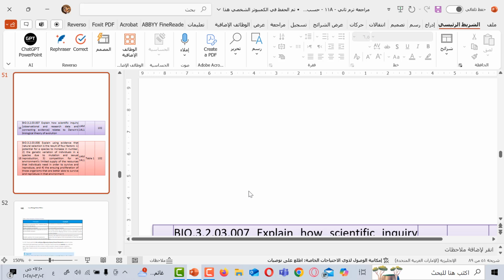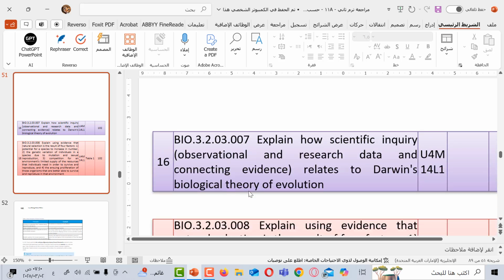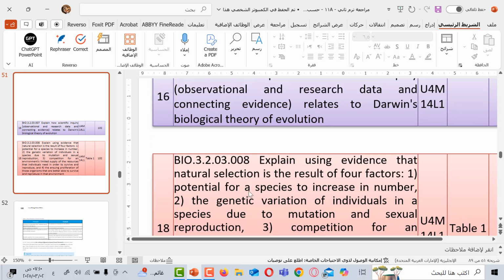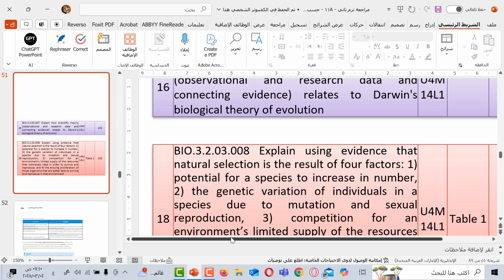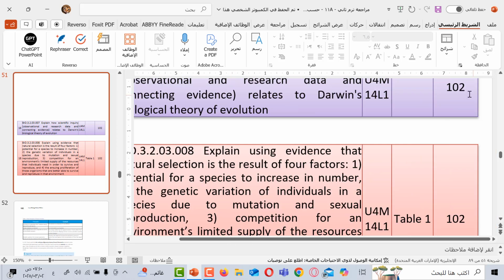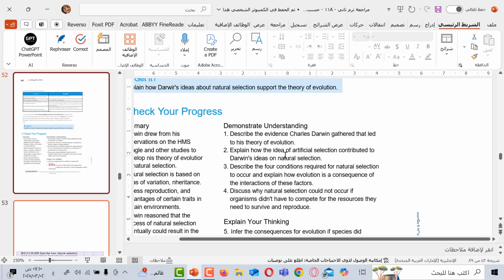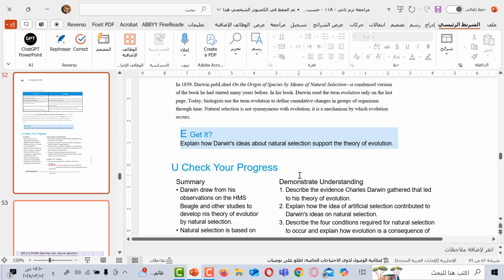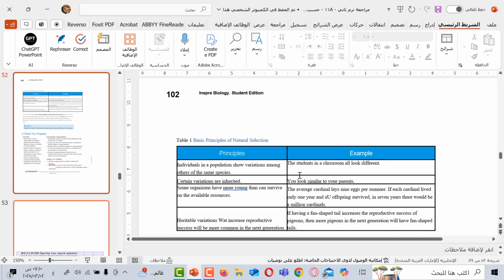Another question with another page. Question 16, question 18, and page 102. This is page number 102.